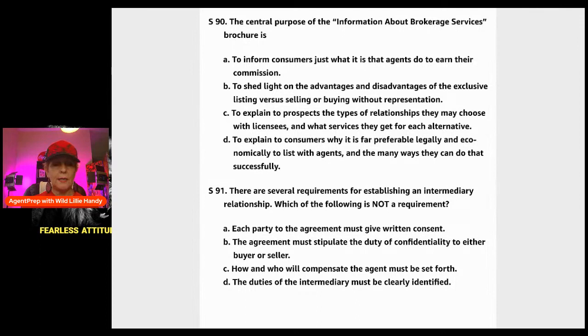The answer is 91B. The agreement must stipulate the duty of confidentiality to either buyer or seller. Which of the following is not a requirement? The listing agreement and the contract ask the buyer or the seller whether they will accept intermediary, meaning a brokerage will represent both clients, or no intermediary.